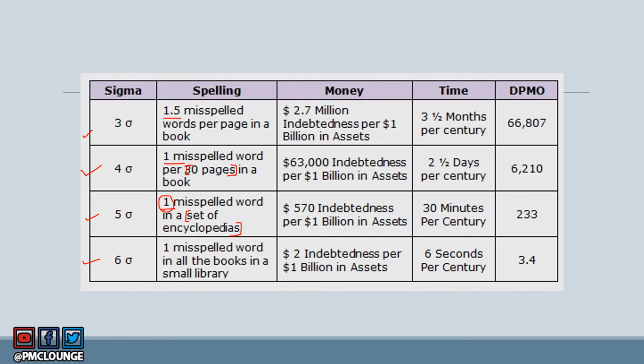And when it comes to 6 sigma, there is one misspelled word in all the books in a small library. So in a small library, there's only one misspelled word in all the books that are available there. So that's the quality that is expected out of Six Sigma. And of course, there are other examples as well when it comes to money and time.